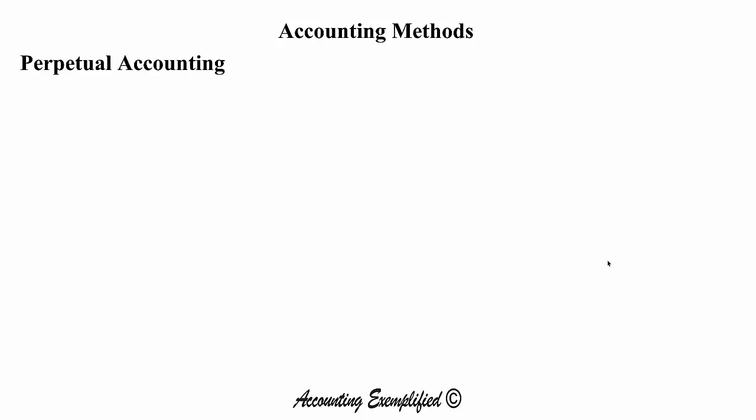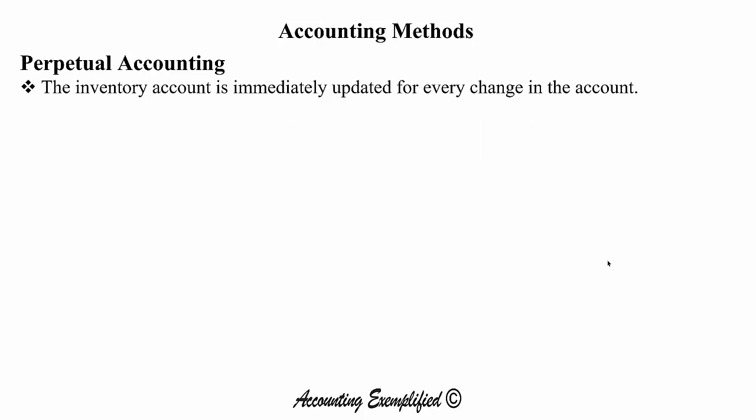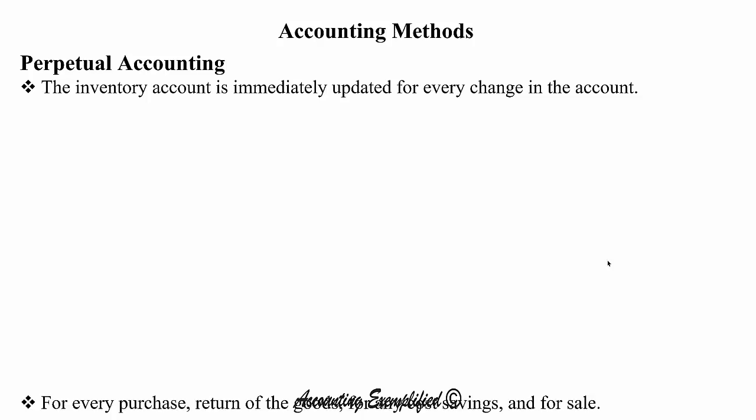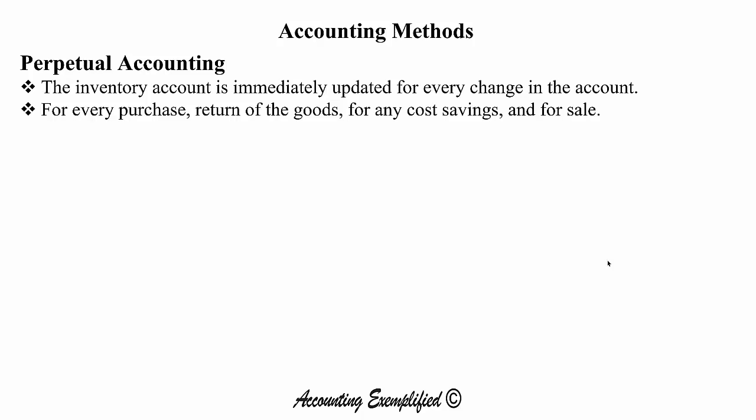Before we close the first video on inventory accounting, let us review the concepts behind the problems we illustrated. Now, there are two accounting methods to track the inventory. The first method is the perpetual accounting method. In this method, the inventory account will be updated for every change that is happening to the account. For every purchase of the goods and for every return of the goods and for any cost savings on the purchase of the goods and for the sale of the goods.